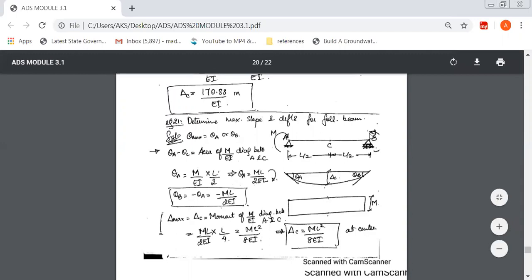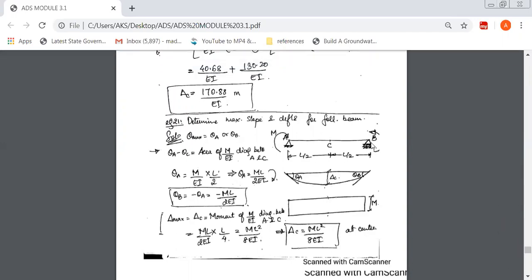After this, again, because it's a moment, if you want to draw the M over EI diagram, it is obvious that with respect to C, just check the left side. This is clockwise, and clockwise is positive. So this is positive, above the zero line.